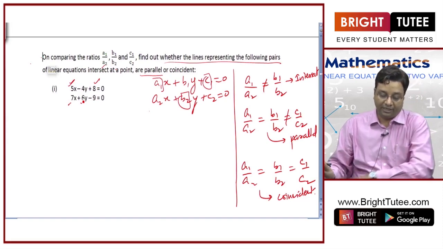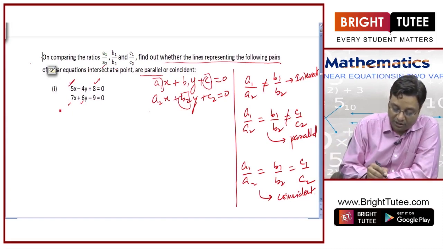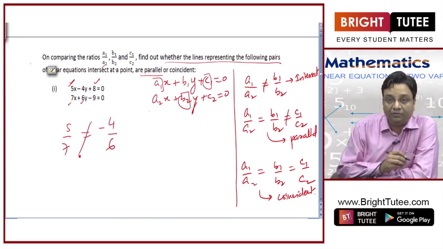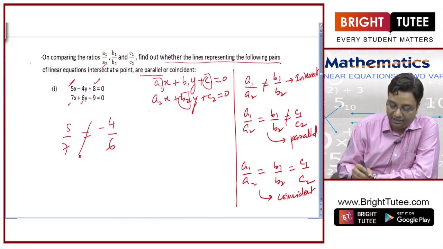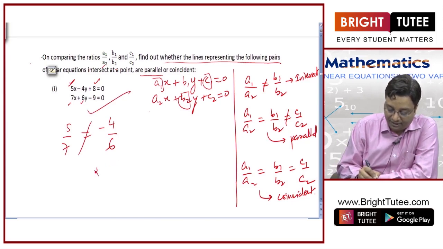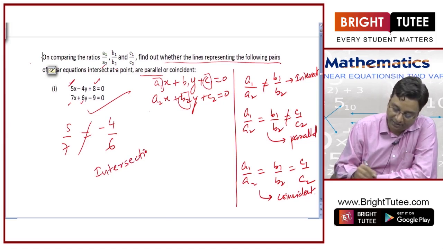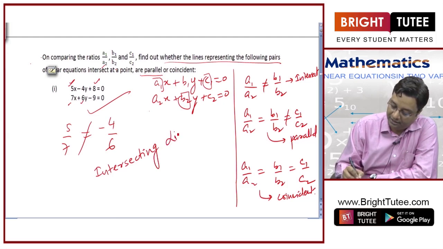This is how you compare. So now in these two lines we can see 5 by 7 and minus 4 by 6. So clearly these are not equal. Hence these lines are intersecting lines.